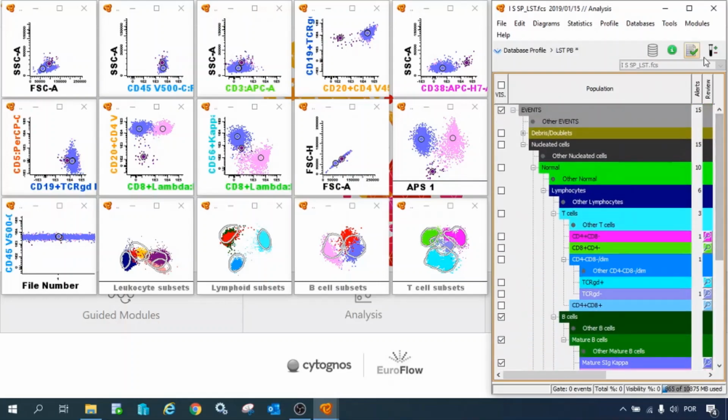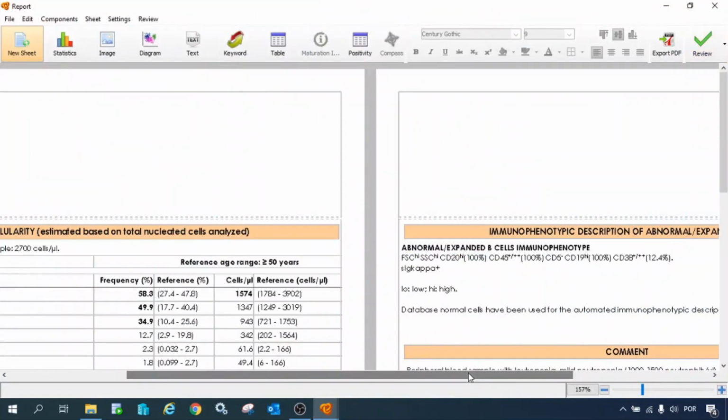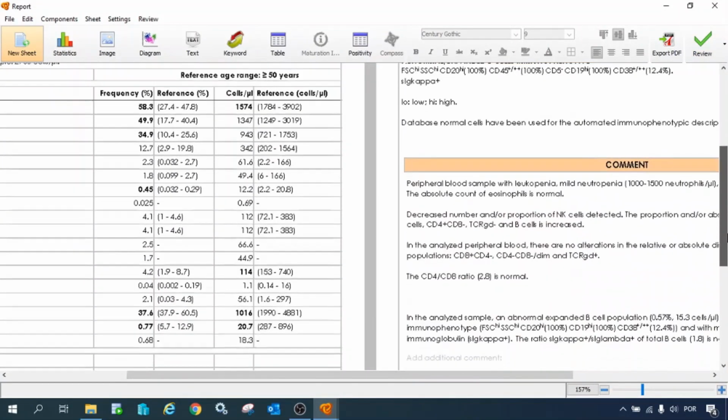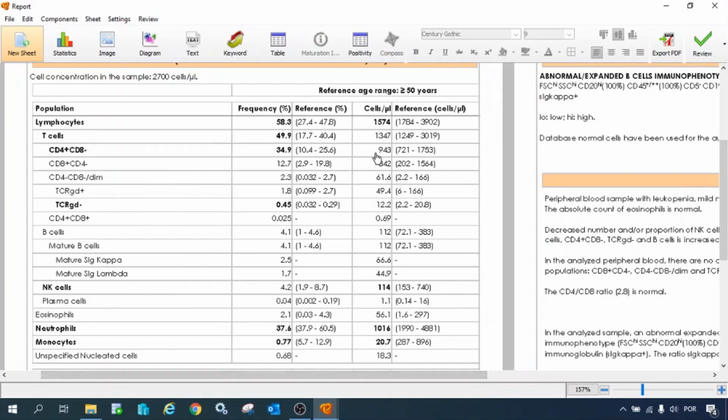Okay, now let's move on to our report. And as you can see, the first page of our report describes the frequency and cells per microliter of our sample when compared to the reference.